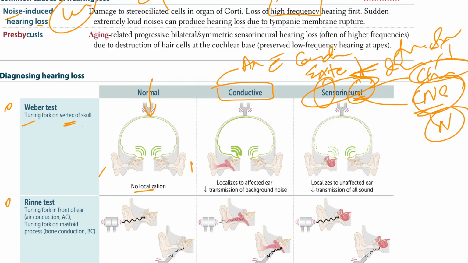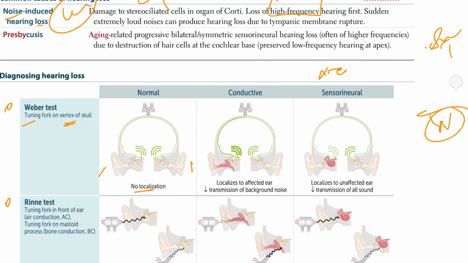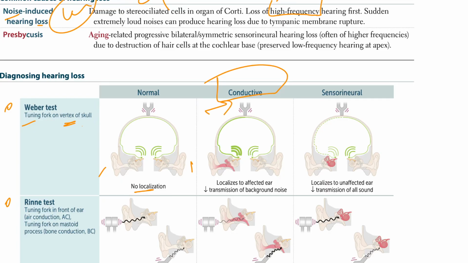Now let's get back here. In Weber's test with conductive hearing loss, we have this tuning fork, we stimulate it, and put it on the vertex. Now it's going to lateralize towards the affected ear. So you already know this: if the ear is affected, they can't hear the sound here, and when you put the tuning fork, those vibrations localize to the affected ear.